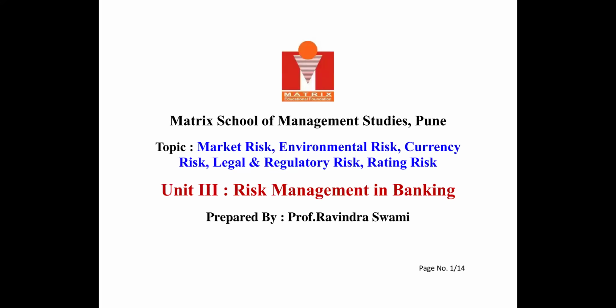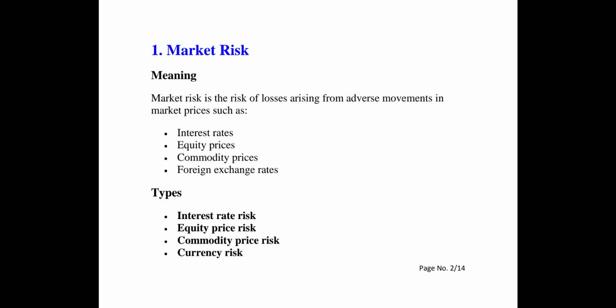Okay, let's start. Unit number 3, risk management in banking: market risk, environmental risk, currency risk, legal and regulatory risk, rating risk. We have already discussed market risk in previous sessions, but again I would like to discuss it for a few minutes.